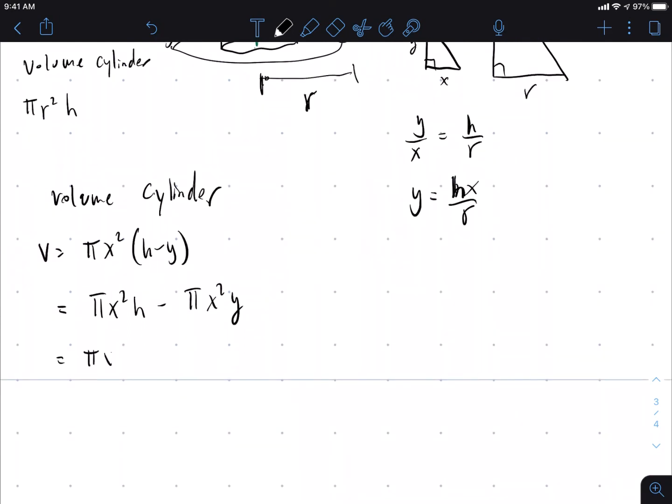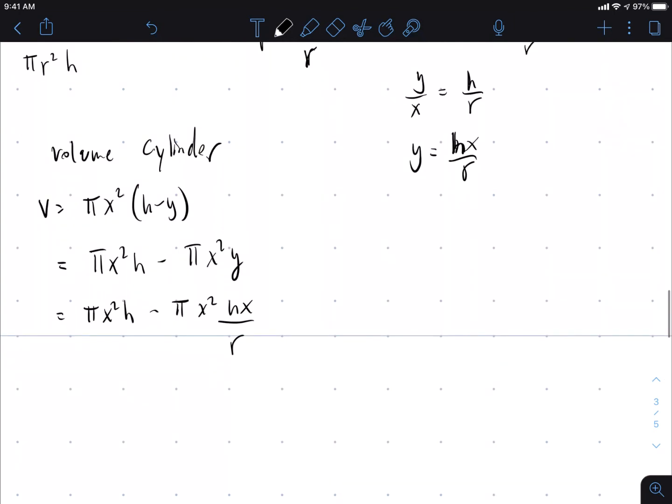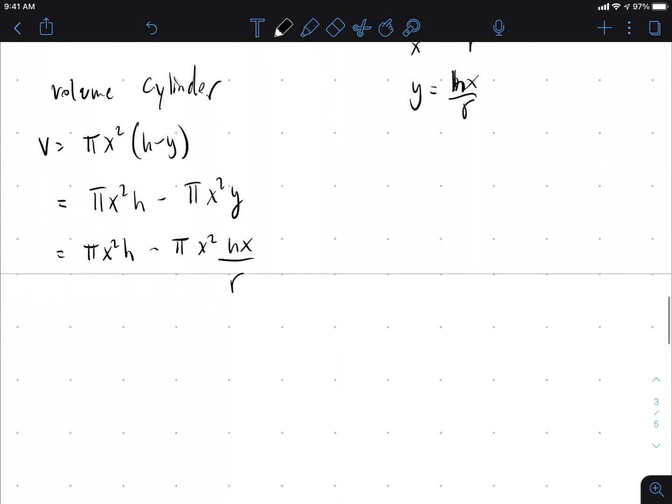So I'm going to go pi x squared h minus pi x squared h x over r. Agreed? Yes. Okay. So this is the volume of our thing.